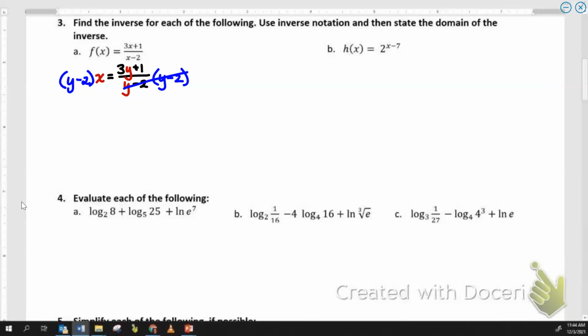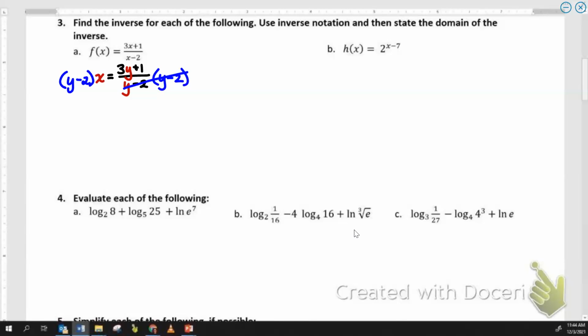All right. So we want to evaluate this. Log base 2 of 1 over 16. How would that evaluate? Negative 4. Minus 4 times log base 4 of 16 would be how much? 2. Plus, what would that one be? 1/3.